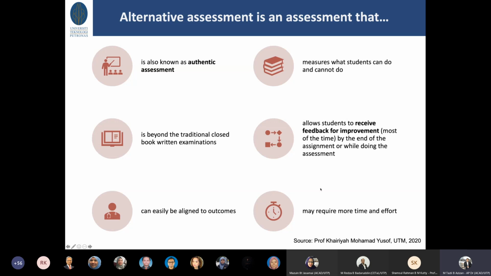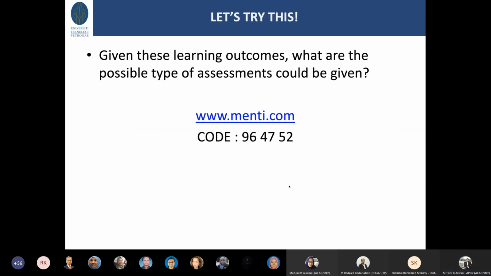They're also getting feedback on their own. Alternative assessment can easily be aligned to outcomes, and it may require more time and effort. So these are the things that are a little bit difficult for us, because we need to think more creatively, but it requires more time and effort.